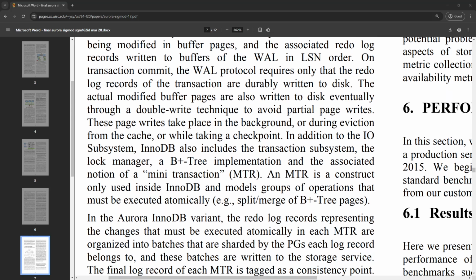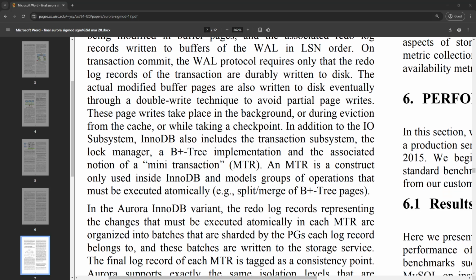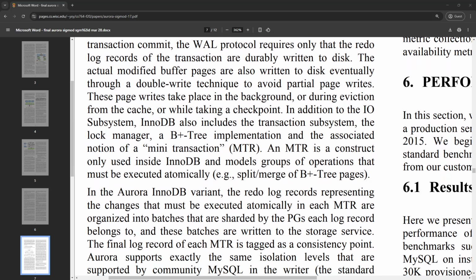The actual modified buffer pages are also written to disk eventually through a double write technique to avoid partial page writes. These page writes take place in the background, or during eviction from the cache, or while taking a checkpoint.